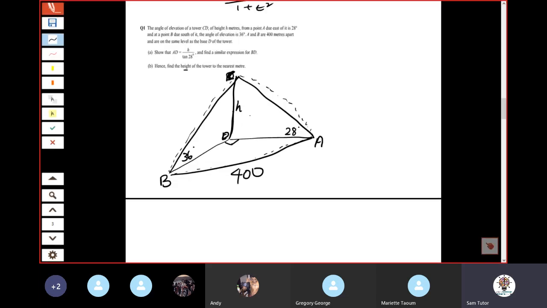What's going to happen is you're going to have an equation somewhere here, let's say, for this length. You're going to have another expression or equation for this length, and then you're going to do Pythagoras' theorem or cosine rule, depending if it's a right angle or non-right angle, to solve for H. So you actually use this triangle down here to find this height up here. Is that clear?